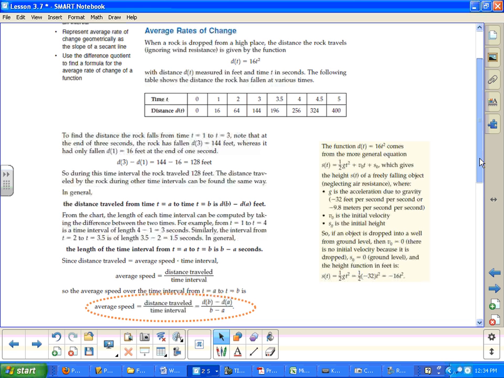We know that the average rate of change is found by taking 2 y values and 2 x values, finding the change in them, and then finding the rate of change. So we're going to look at this problem that involves a rock being dropped from a high place. The distance the rock travels, ignoring wind resistance, is given by this function, and they have all these points given for certain time frames.